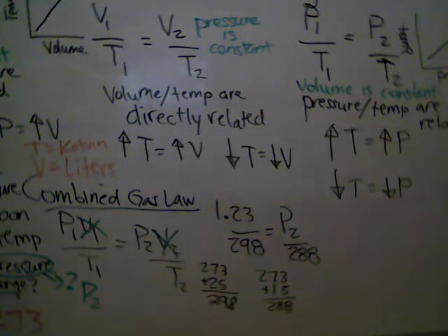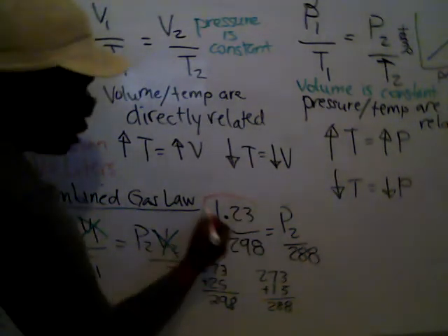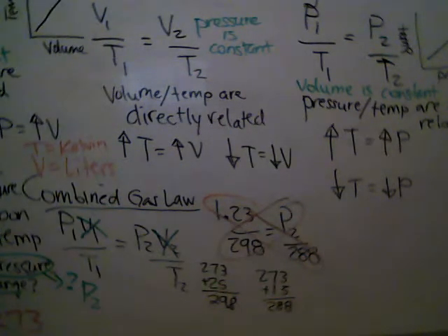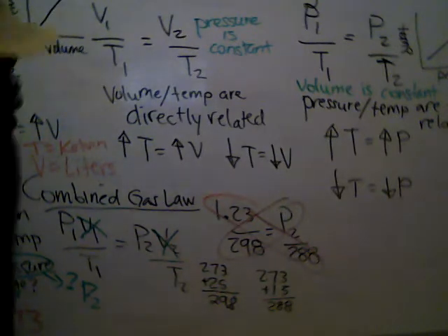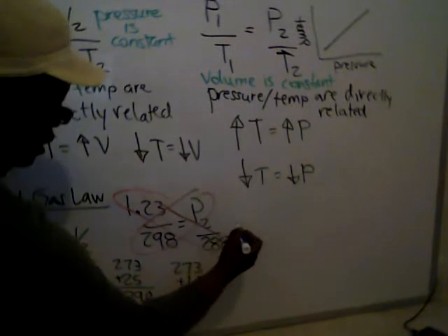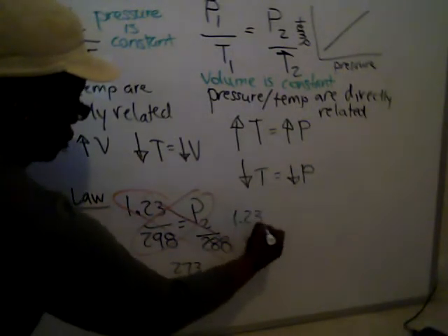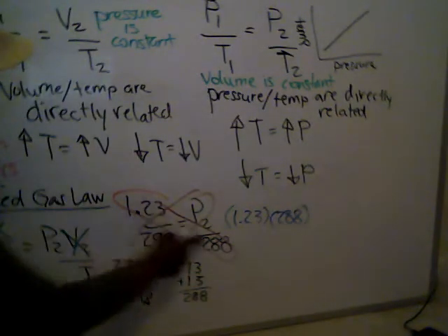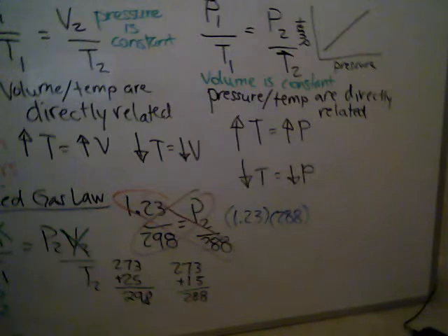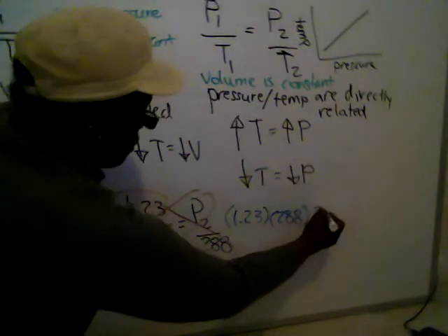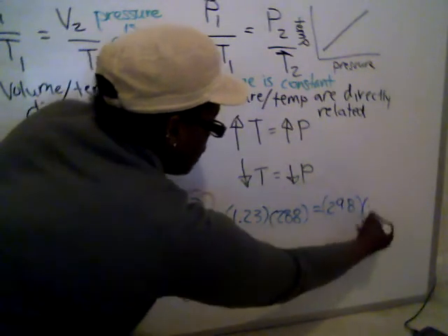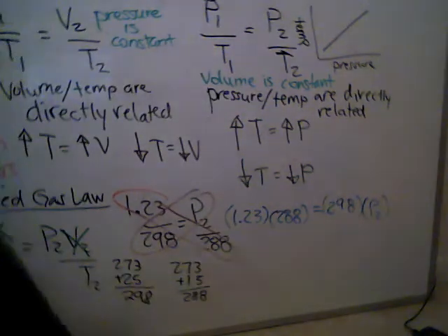Okay, so how do we solve for this? Well, the easiest way to solve would actually be to cross multiply. So we're going to cross multiply. And if we cross multiply, we end up with 1.23 times 288 equals 298 times P2.